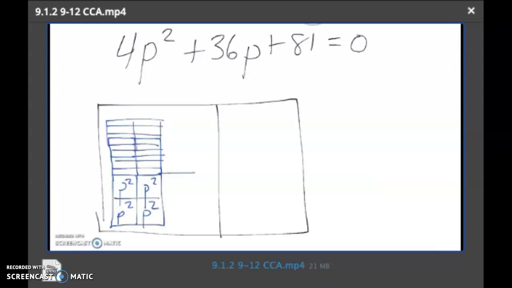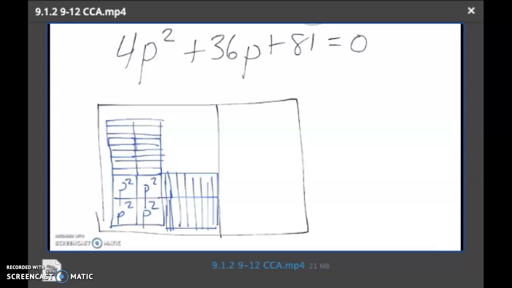Yep, and I'm going to do the same thing over here. 9 here and 9 below. Squeeze one in there, okay? So that way I have 36 total p's, and I'm still making a square here.